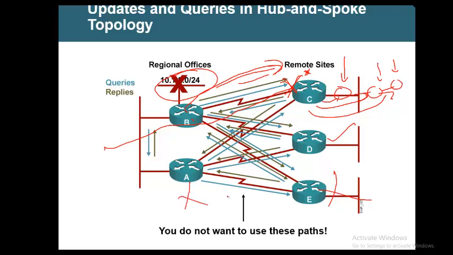When the neighborship is removed, the downstream routers' neighborship will also be questionable. They will also get a triggered update saying all these networks which were going via B are no more available.